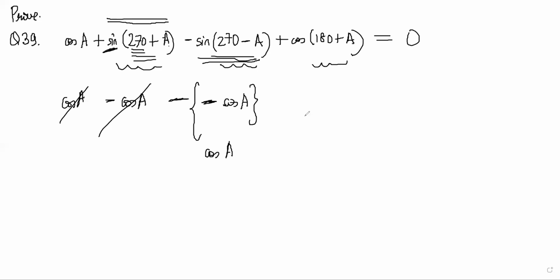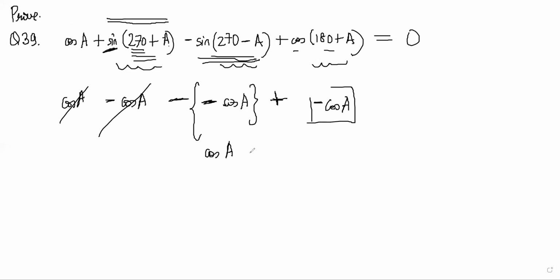Overall is cos A, and this one, think about it, which quadrant is it? Third quadrant again. And cos is negative in that quadrant, right? So it will be minus, and will the cos become sin, or will it remain the same? Will remain, because it is an even multiple of 90.